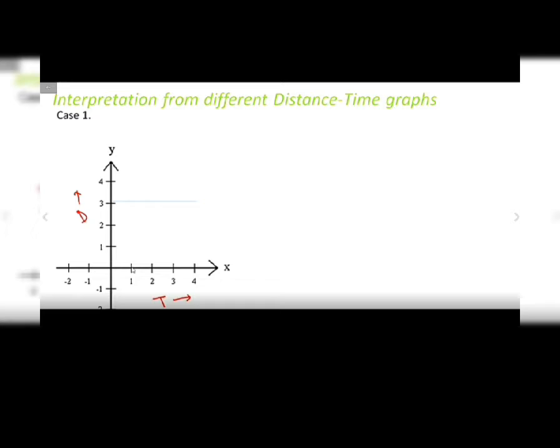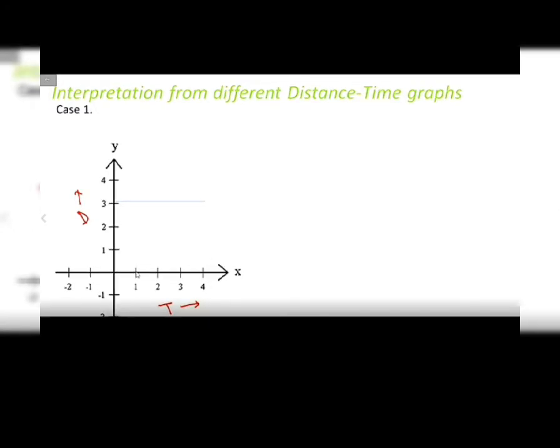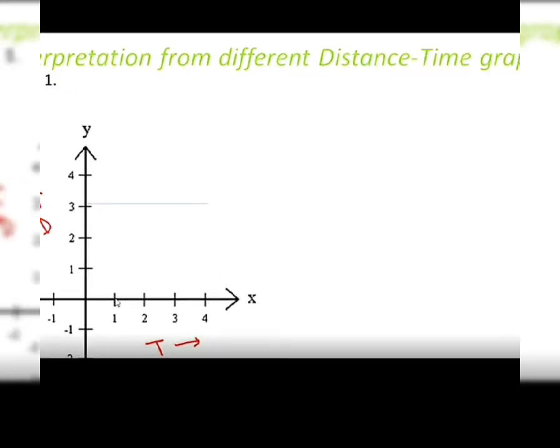But not only speed, we will get many other pieces of information about the motion of an object from a distance time graph. So let's look at some scenarios where, by looking at a distance time graph, we can easily tell the motion of an object. So this is the first distance time graph, with distance along the y-axis and time along the x-axis, as discussed in the previous lecture.